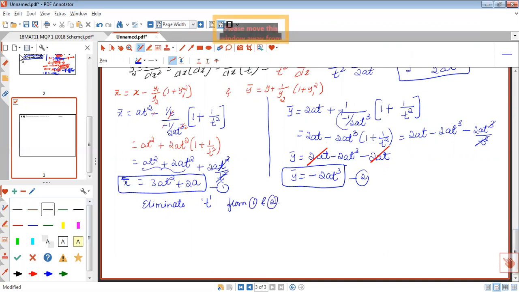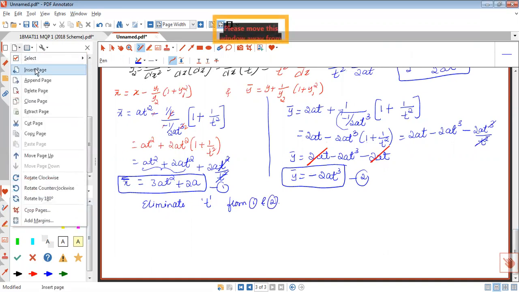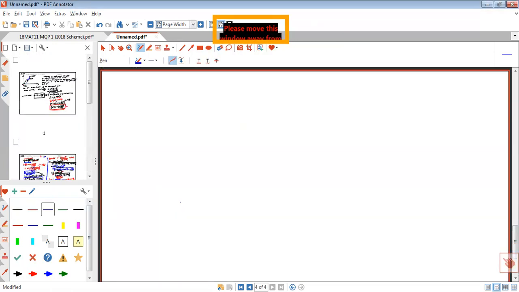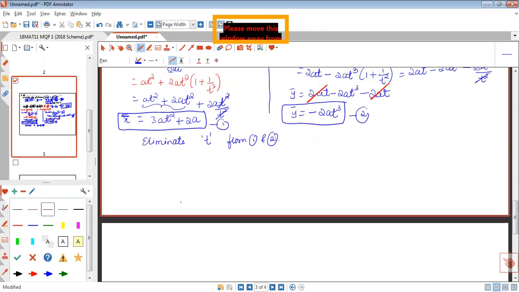Okay. So equation number 1, come back. From the equation number 1, we can write t square as x bar minus 2a divided by 3a. Okay. T square is x bar minus 2a divided by 3a.